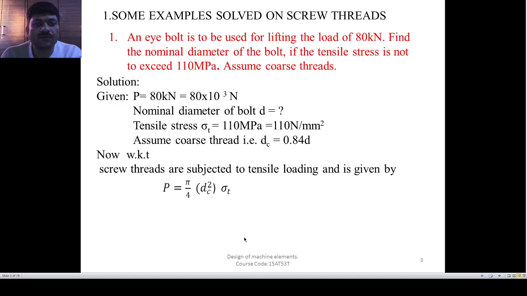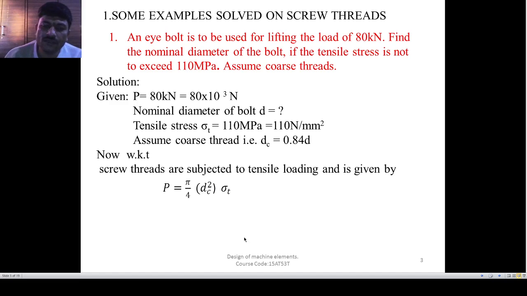We already know the tensile load and sigma t. Substitute the values and find dc square. That is, dc square is equal to 4 into P divided by pi into sigma t, that is 4 into 80 into 10 raised to 3 divided by pi into sigma t. Calculate it; you must use a scientific calculator.